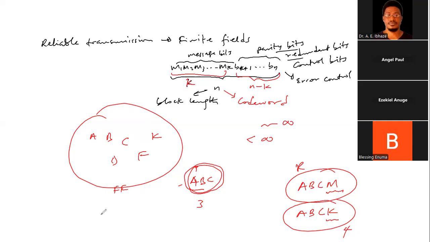So I can either invoke forward error control, or automatic repeat request and say, well, since I received a bit string of length 4 against length 3, can you please retransmit?